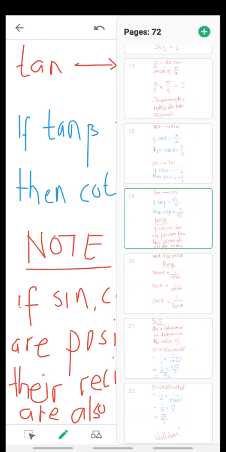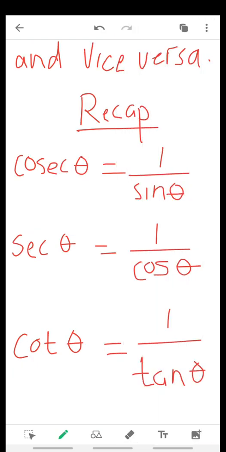Very, very important. Now, let's recap quickly. If cosec, sec, and cot are reciprocals of sine, cos, and tan respectively, then what does that mean? It means cosec theta will be equal to 1 over sine theta, and sec theta will be equal to 1 over cos theta, and cot theta will be equal to 1 over tan theta.